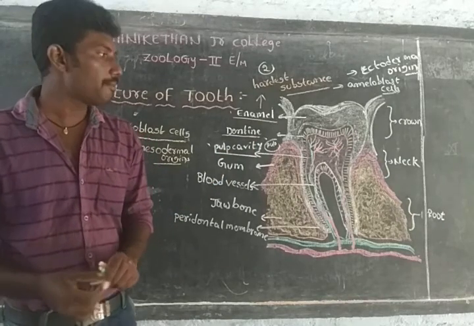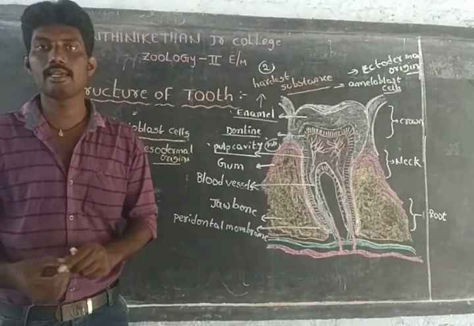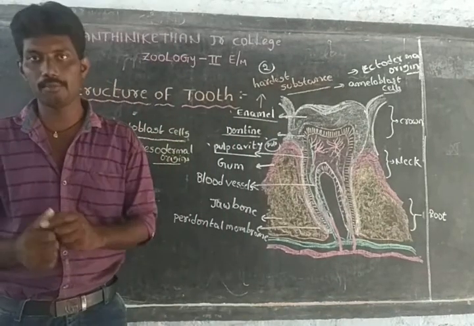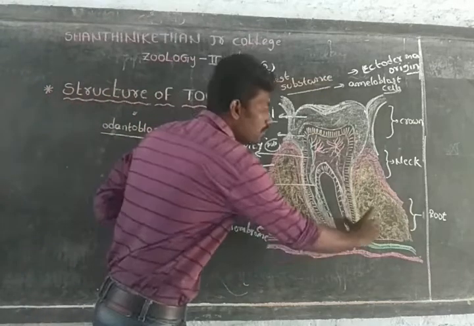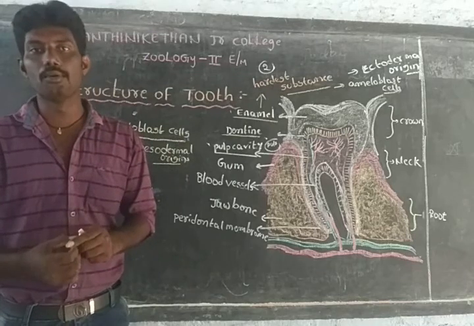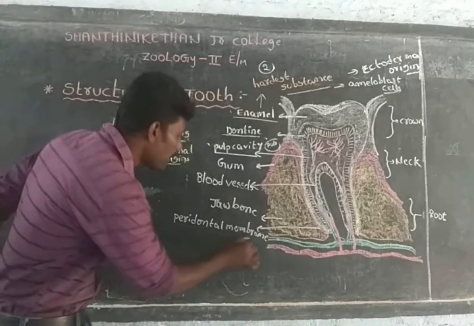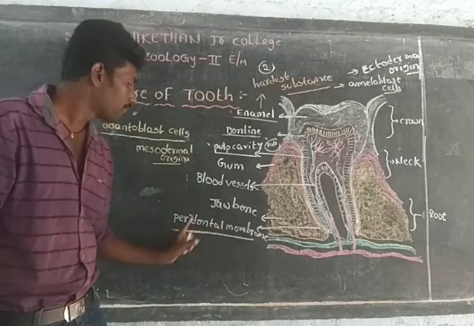Next, the remaining part, the root. The root is the inner part of the tooth and it is embedded into the socket of the jawbone. It is helped by which membrane?